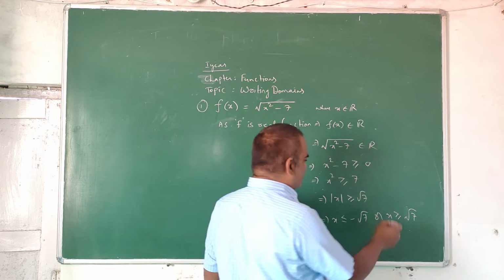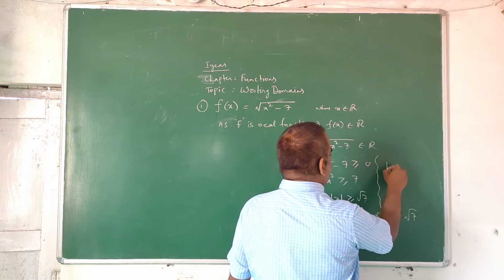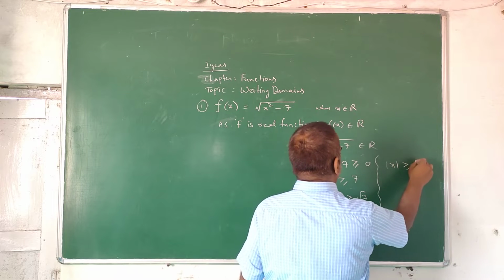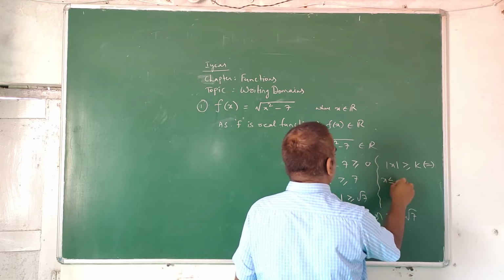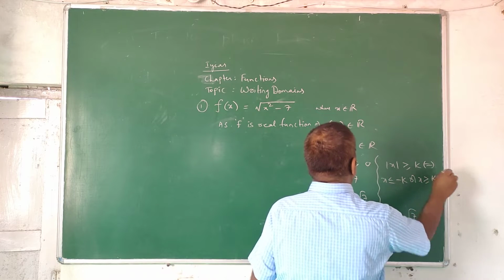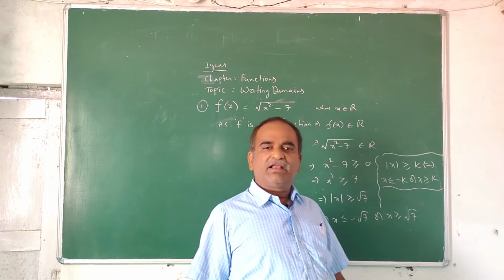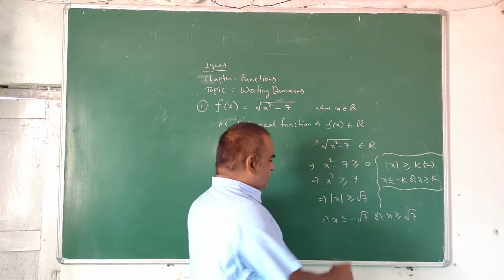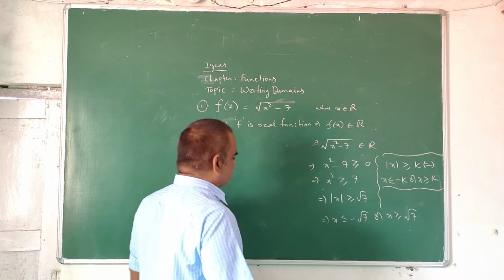Because we have the property that mod x is greater than or equal to k if and only if x is less than or equal to minus k or x is greater than or equal to k. If you want, you can note down this property if anybody doesn't know. So x is less than or equal to minus root 7 or x is greater than or equal to root 7.